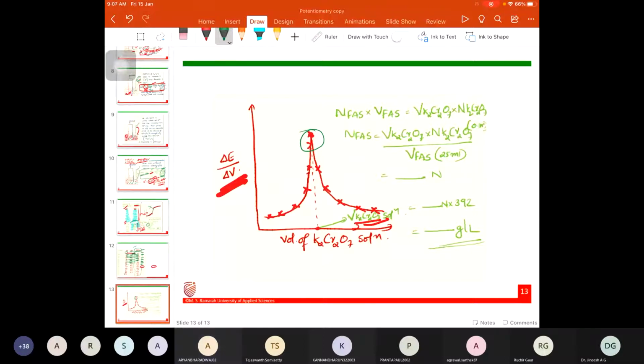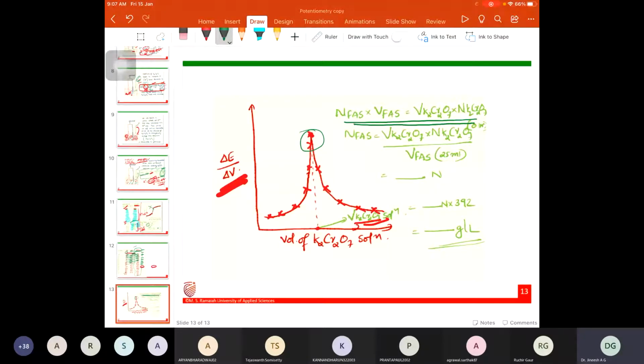So now we found the volume of potassium dichromate solution to completely oxidize the ferrous ammonium sulfate solution, right? Now you use the N1V1 equal to N2V2 equation.